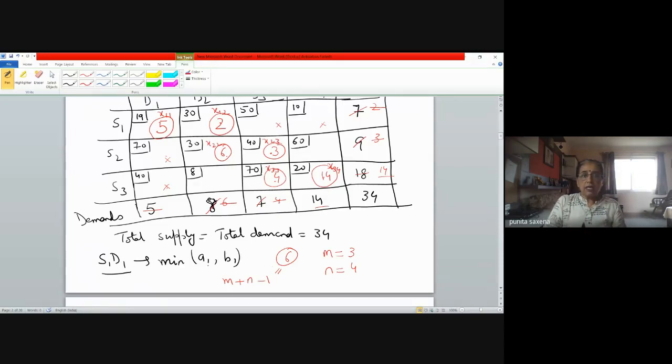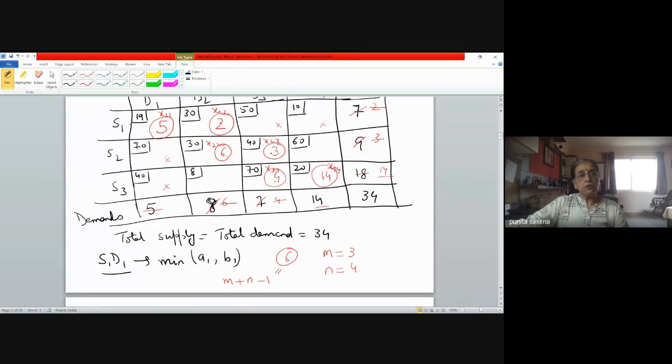Now, the thing is, what will be the cost of transportation if we follow this method? Now see from here, 19 was the per unit cost involved in transporting 1 unit of the product from source 1 to destination 1. But how many have we transported? 5.